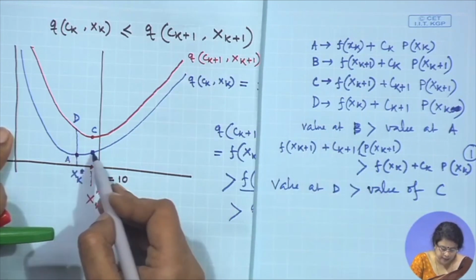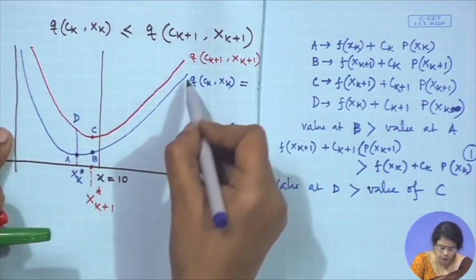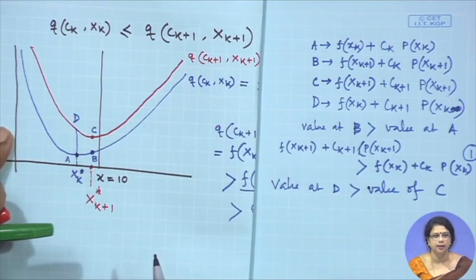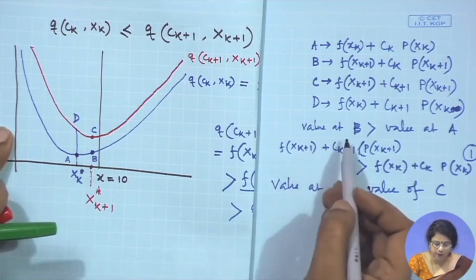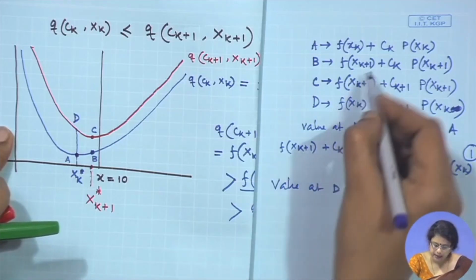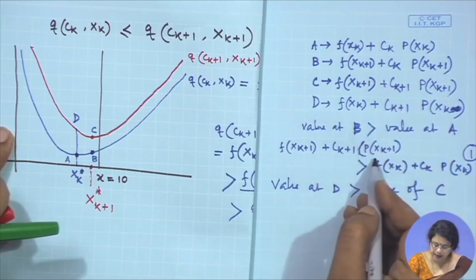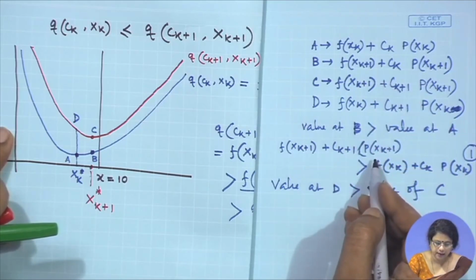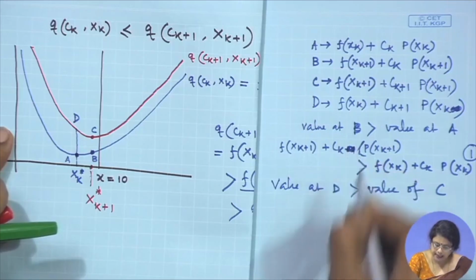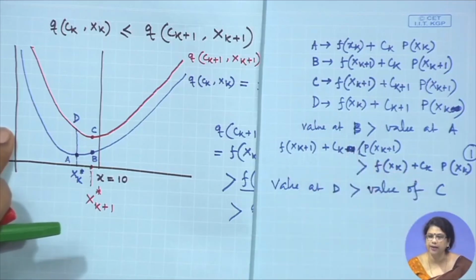Now, you see A and B both are on the blue curve. That is why the value at B, now this is the value at B I am considering, with c_k. All right. Then it is okay.